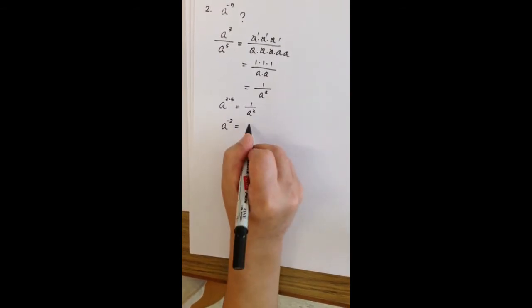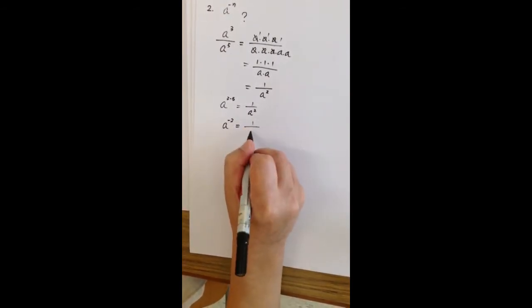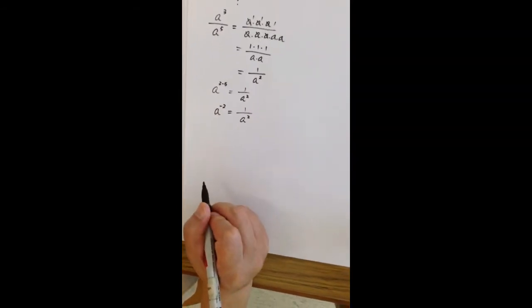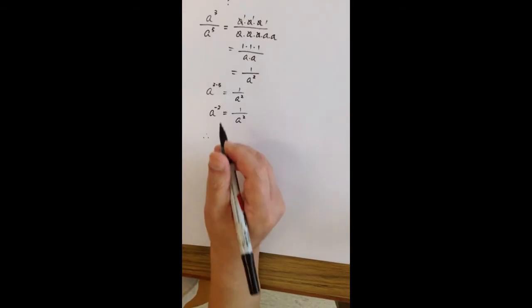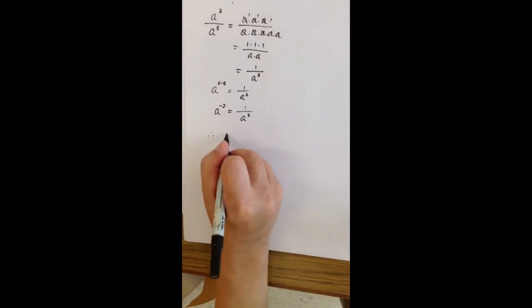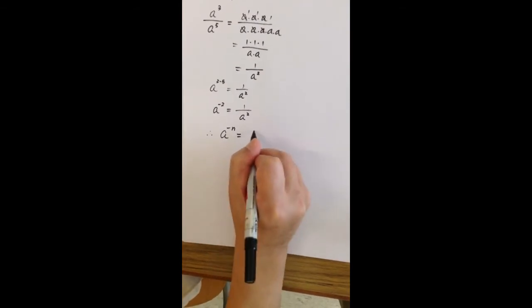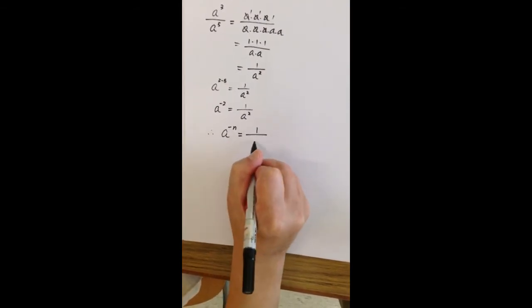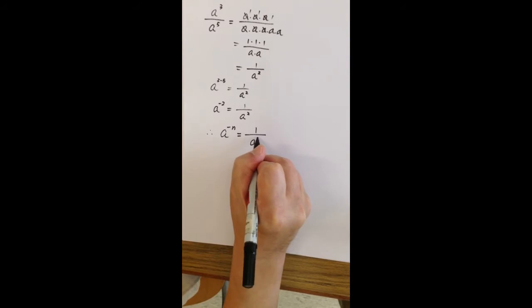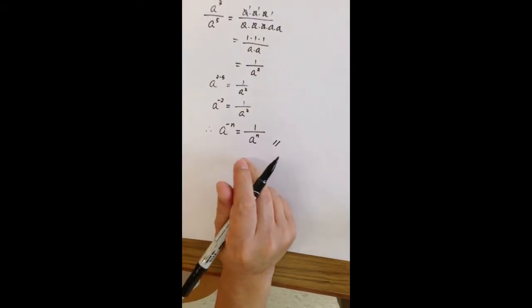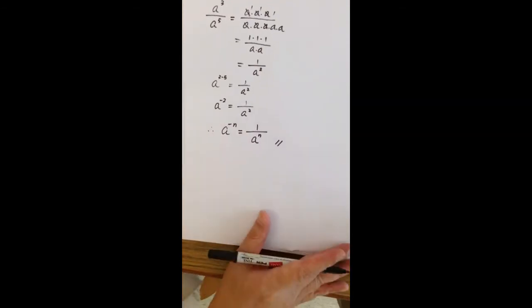But on the right hand side, it is 1 over a squared. What do you notice? Yes, very good. It means that a to the power negative n is equal to 1 over a to the power n. Yes, very good. It is the second formula for you.